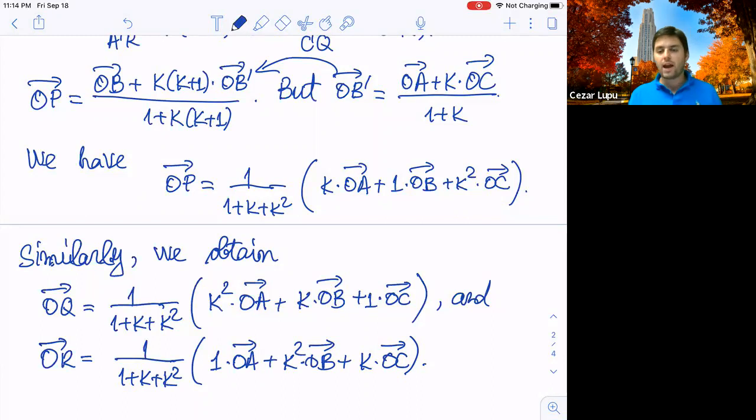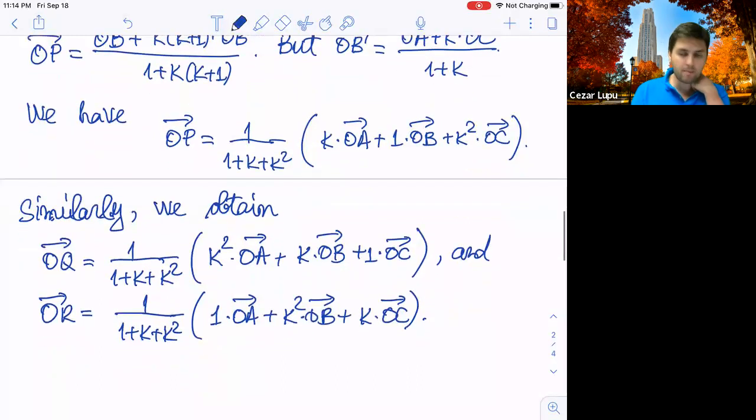Now, we would like to compute the area. So the main question is, what about the area of the triangle PQR? Well, like I said in the lecture, you can write this as RP vector, by using the triangle rule, as OP vector minus OR vector, but good luck with the computations. It will be a mess, and then you try to do the cross product.